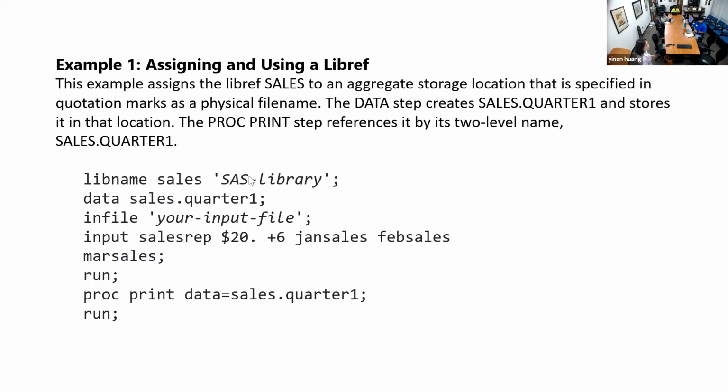The path we need to customize based on each one of you and your folder path. Same as when you use local SAS, each person's folder is different, right? So the path you have to customize.